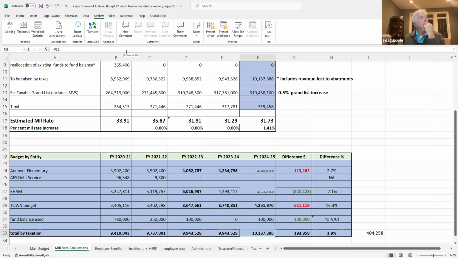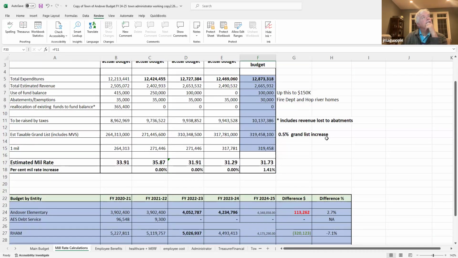Yeah, so the way the spreadsheet's working is you have this total estimated revenue up in row 6, and that has a $190,000 change. Yes, so we're estimating more revenue this year, not a lot more, but most of that is interest revenue, and that's the biggest chunk of it.